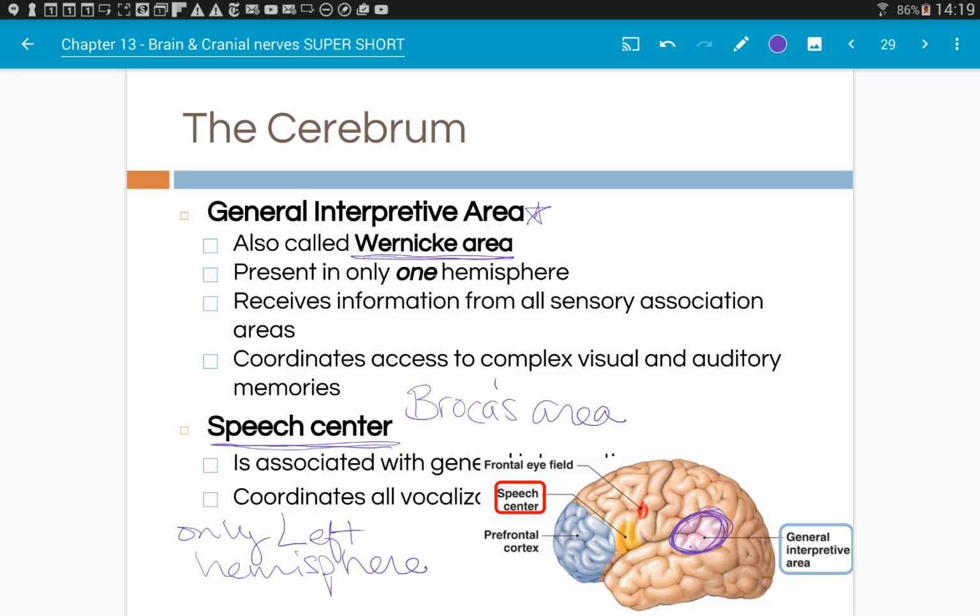So this is general association. What happens here? Receives information from all sensory association areas and coordinates visual and auditory memories. Okay, so it's involved with memories, and it receives information from the other association areas. Okay.